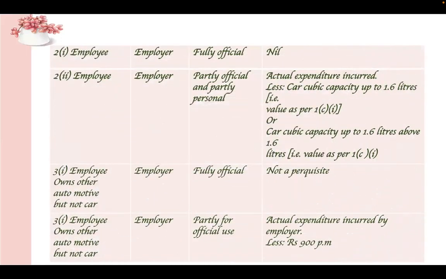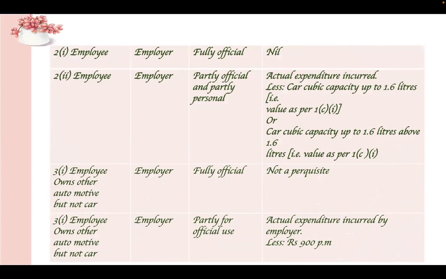If the owner of the car is the employee and the expenses are borne by the employer, and it is fully used for official purposes, the perquisite is nil. And if the owner of the car is the employee, the expenses are borne by the employer, and it is used partially for official and partially for personal purposes, and the cubic capacity is up to 1.6 liters, the value of the car is based on the actual expenditure incurred.